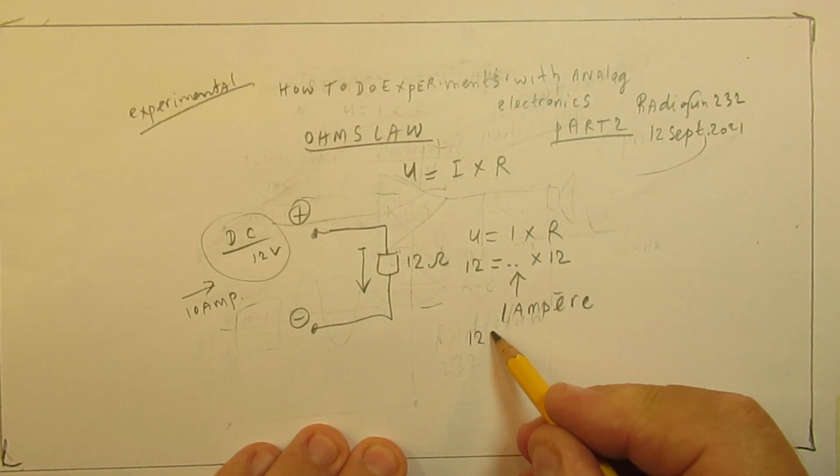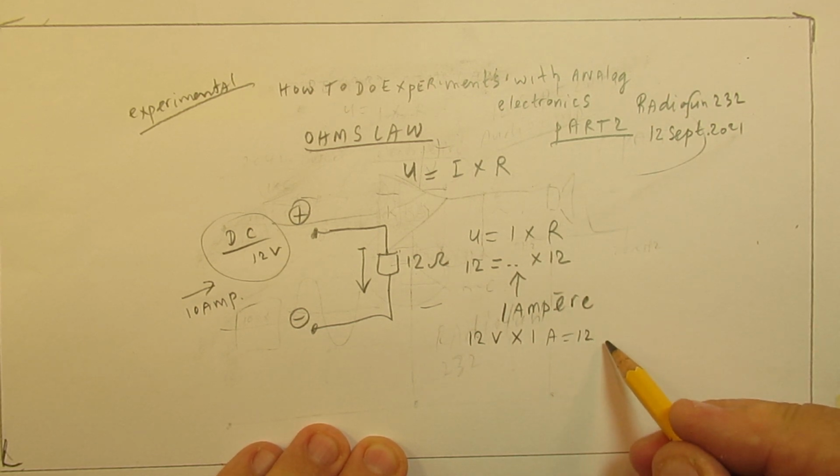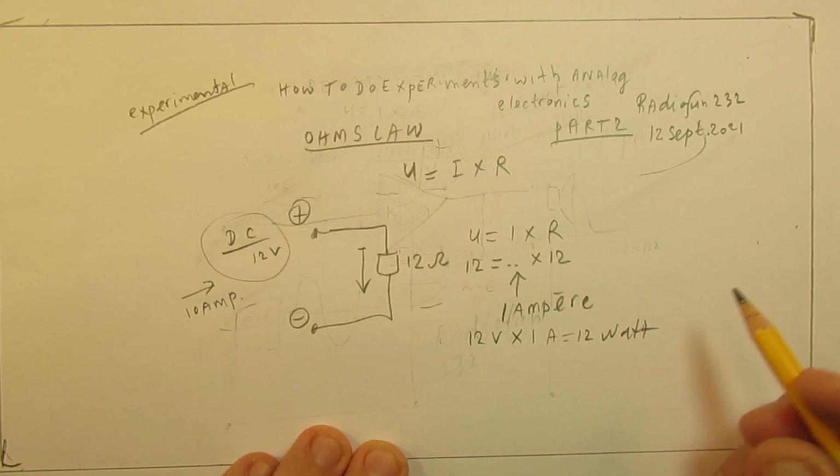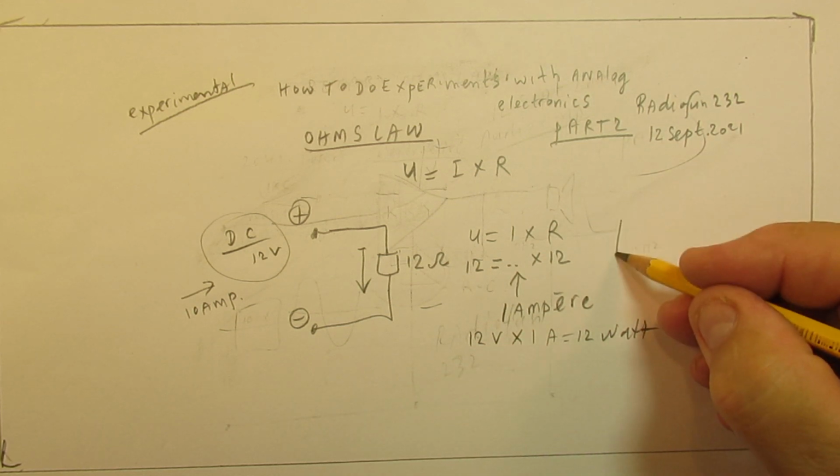12 volt multiplied by 1 ampere is 12 watts, and that's a lot. That's also important when we are talking about doing experiments with analog electronic circuits, but also with digital electronics. The heat development is important, for instance, in a transistor.